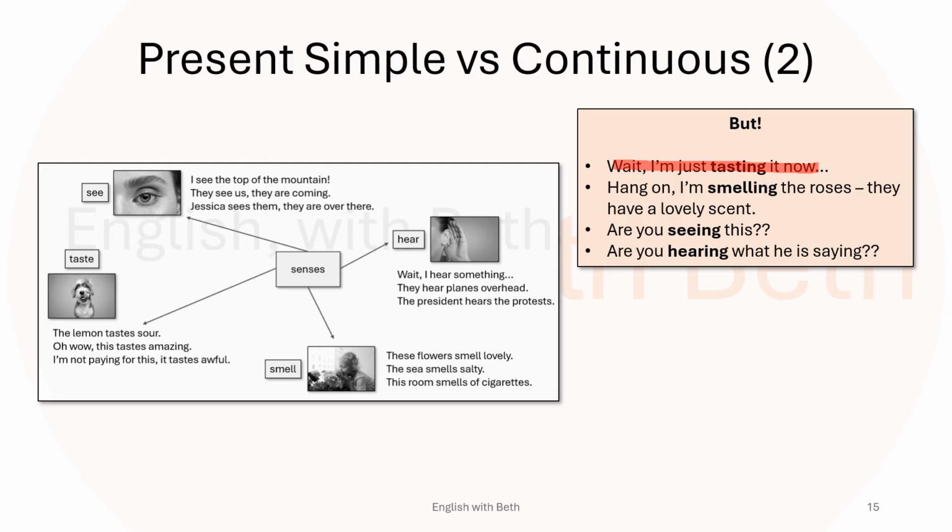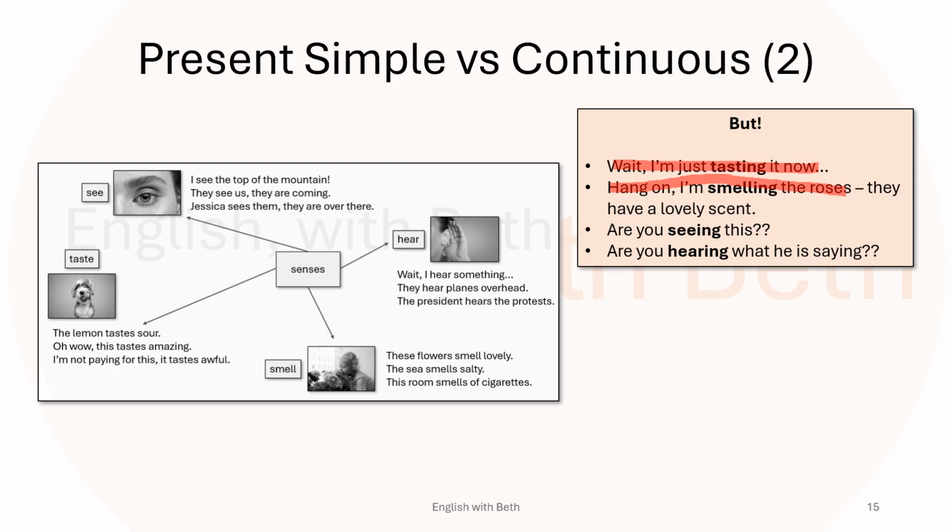Taste is being used as the action verb and the action is happening now, so we can use that in the present continuous. Hang on, I'm smelling the roses. They have a lovely scent. Again, smelling here is being used as an action verb and the action is happening right now, so we have used present continuous.